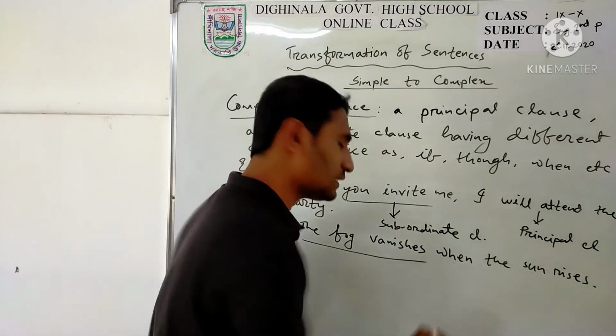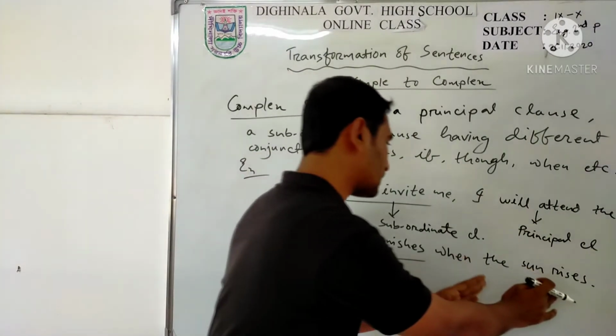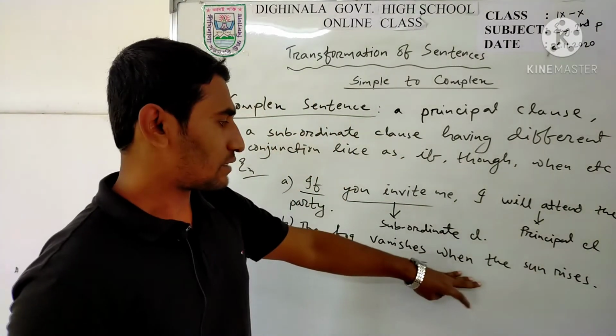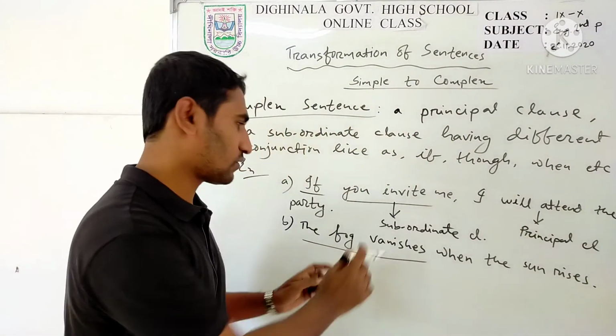Here, the fog vanishes is principal clause. When the sun rises is subordinate clause, because in when the sun rises, there is the conjunction when. So it is principal, it is subordinate. So this is a complex sentence.